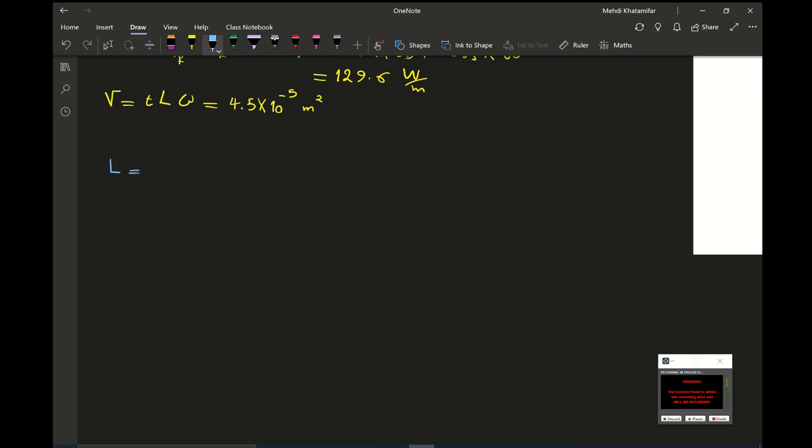L is going to be again 0.015, so we don't have any change and conversion to Lc, and m was 13.4. So mL for this one is going to be 0.201.